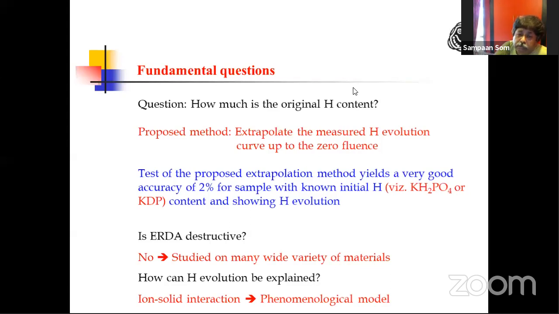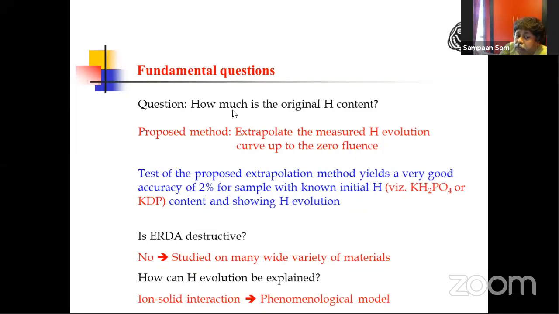Who assures that? Yes, it's a very valid question, and one should address it. One way is to extrapolate. Since the last curve we saw was almost an exponential decay, one can extrapolate and find where it touches the y-axis, the hydrogen by carbon ratio value, and that would probably be the original one.